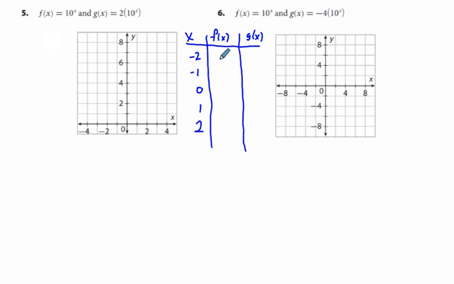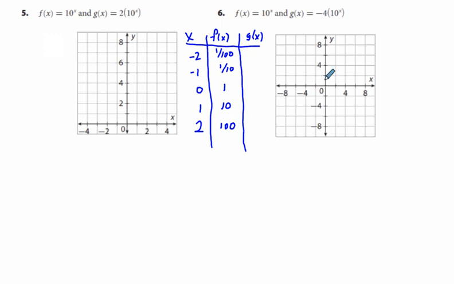So if we plug in negative 2, 10 to the negative 2 power is going to be 1 over 10 squared, or 1/100. If we plug in negative 1, we get 1/10. If we plug in 0, we get 1. If we plug in 1, we get 10. If we plug in 2, we get 10 to the power 2, which is 100.